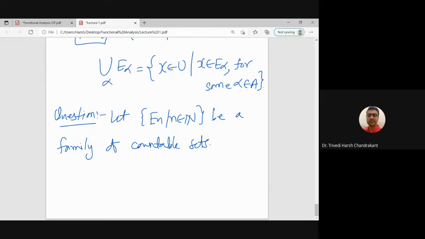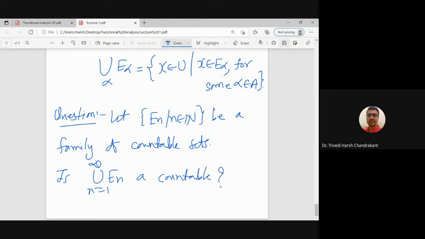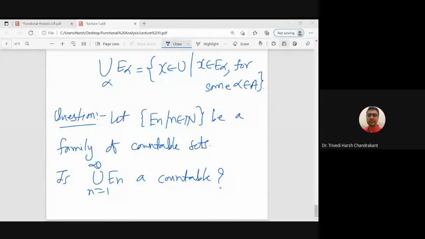That means each E i is countable. The question is, is the infinite union, n equals 1 to infinity, a countable set? Okay, so you can try this question. Let me stop today's lecture here.